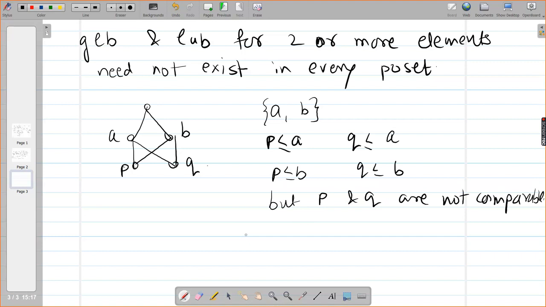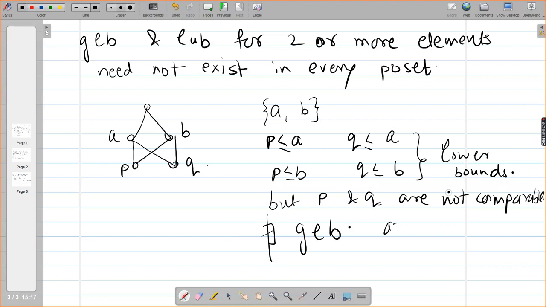right? So they are lower bounds, but there is no greatest lower bound. There does not exist GLB, as P and Q are not comparable. P and Q are lower bounds of A and B. That is true.